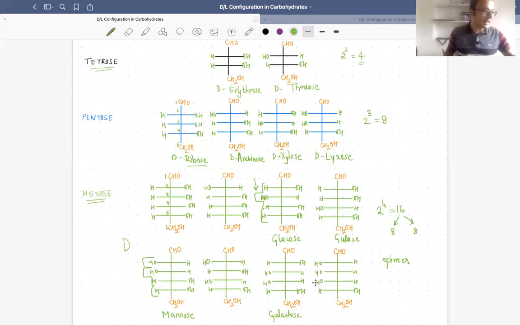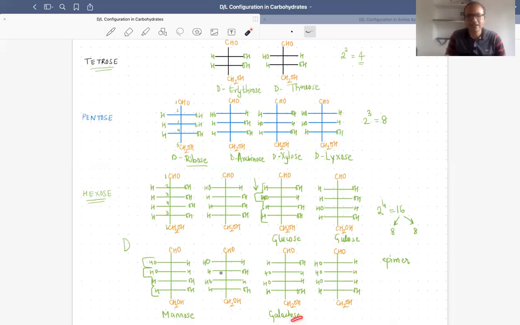If you compare galactose and glucose, you find the difference only in the fourth chiral center, that is, the OH has now come on the left side. So it is a C4 epimer, because 1, 2, 3, 4. That is why you can remember galactose as a C4 epimer.